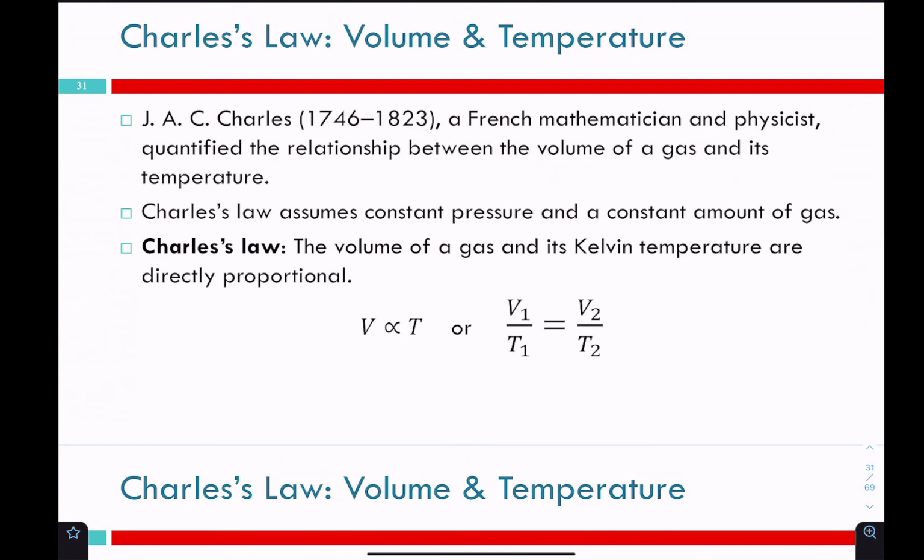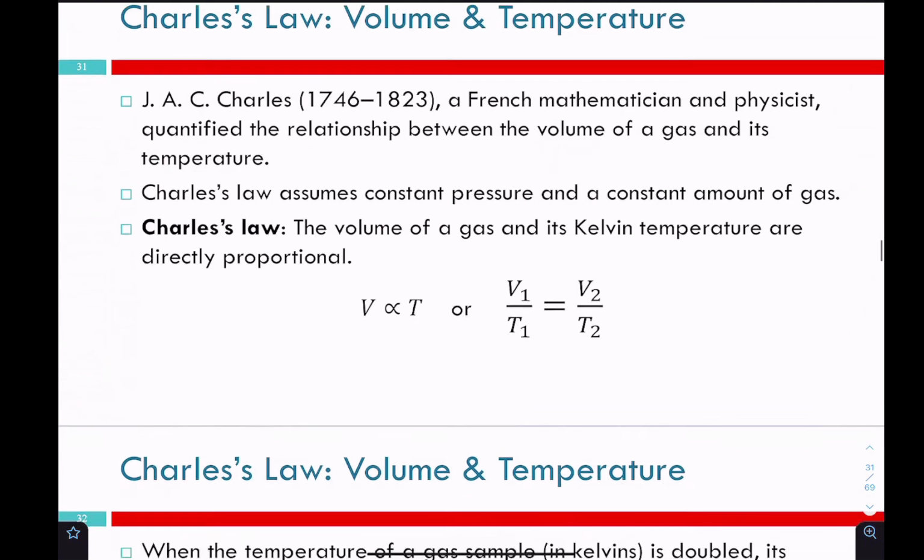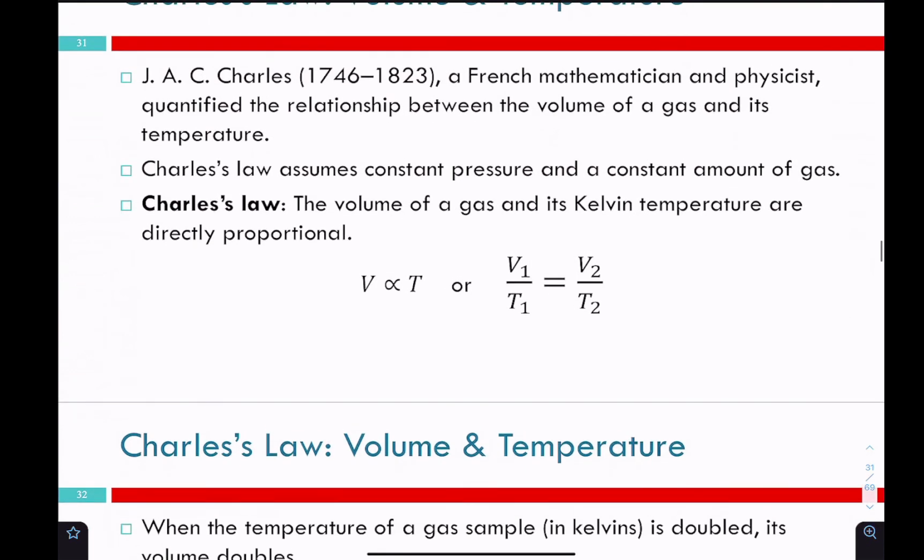I guess I should talk about it because it's easier to change the temperature. This is the one that always throws me off, because if you force the volume to increase, the temperature is going to decrease. But if you increase the temperature, the volume increases.